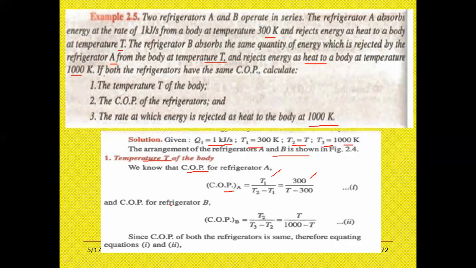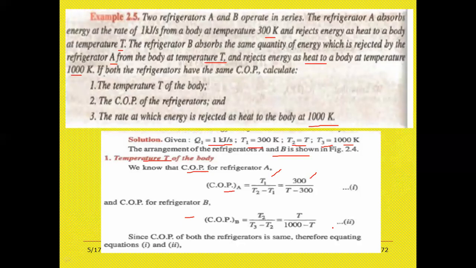Now, what is the coefficient of performance of refrigerator B? COP of B is equal to T2 divided by T3 minus T2, so T divided by 1000 minus T. This is the second equation. Now both COPs of the refrigerators are the same, as given in the question.